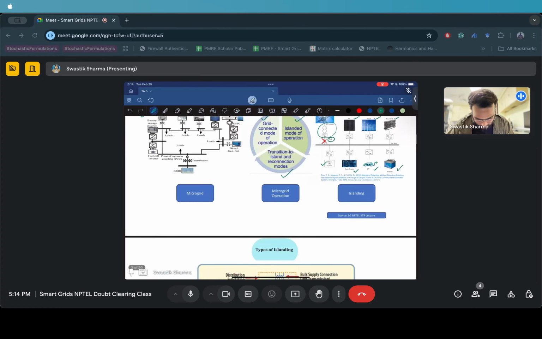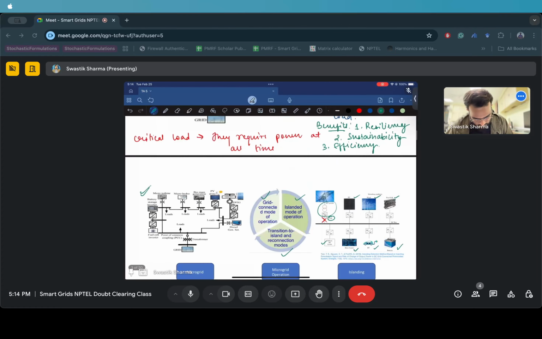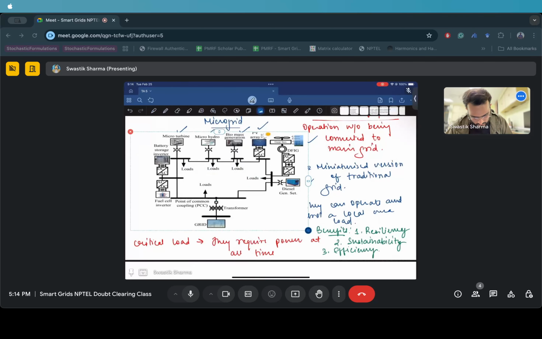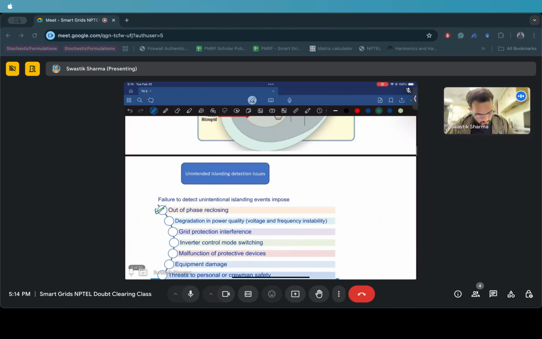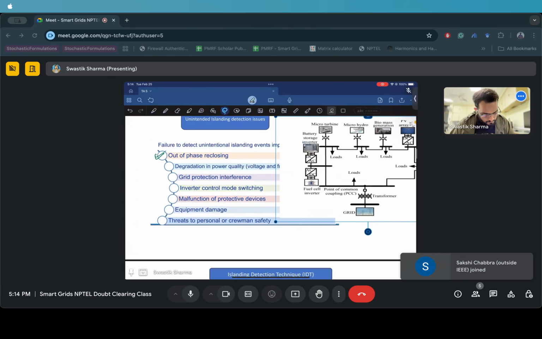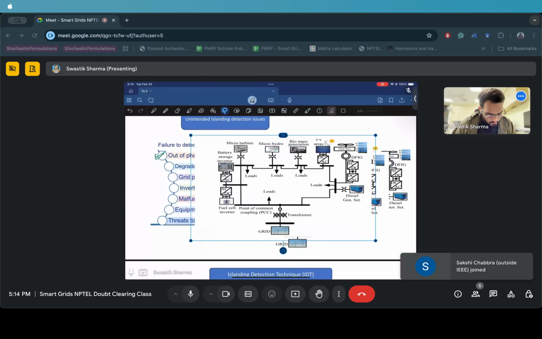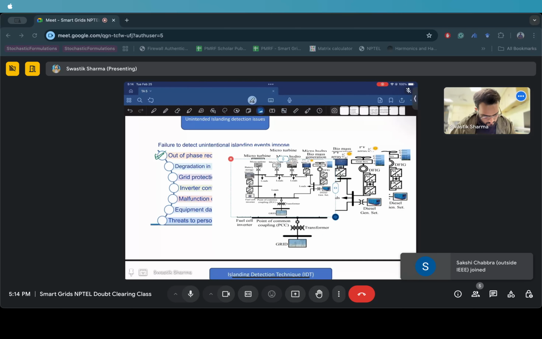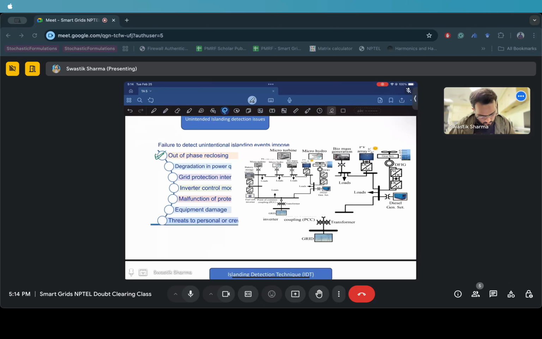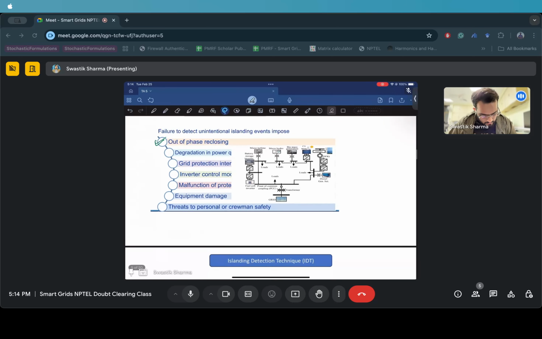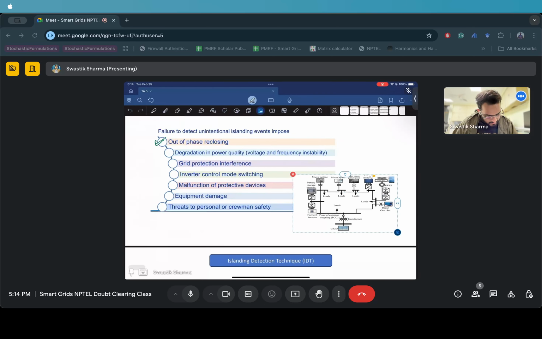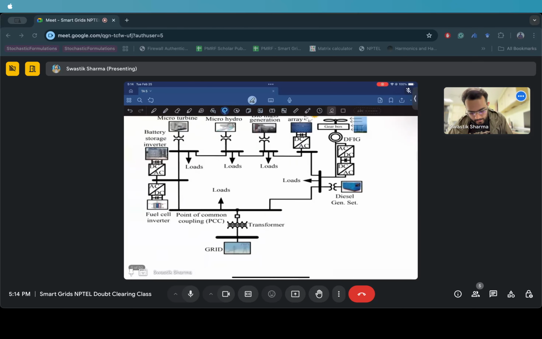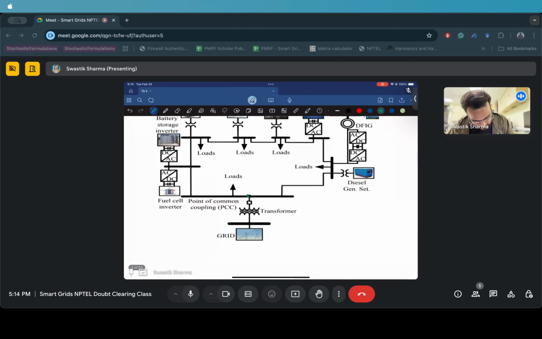Now when you reconnected, it could so happen that the frequency at the microgrid's PCC differs. Let me draw this circuit now. Okay, let's say I'm talking about this microgrid, right? So this is the PCC, the point of common coupling.